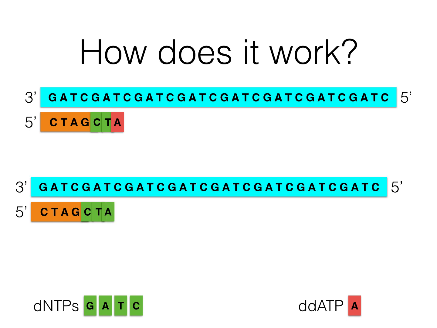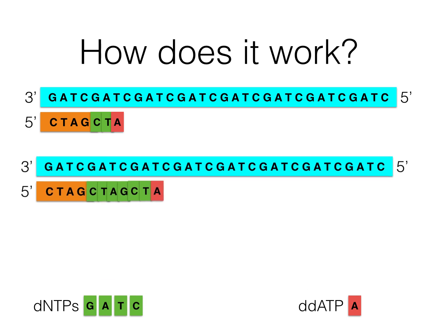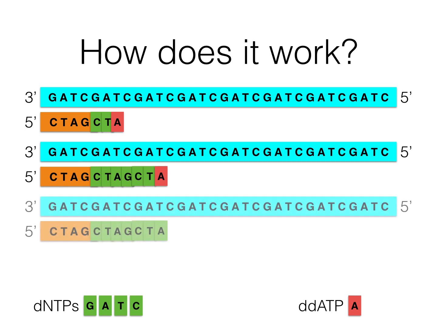in the same reaction mixture, it is actually the normal A that was incorporated, which means polymerization continues until another chain terminator has been incorporated, producing now another fragment that ends with the letter A. On another template and on another primer is actually the normal A that was incorporated.